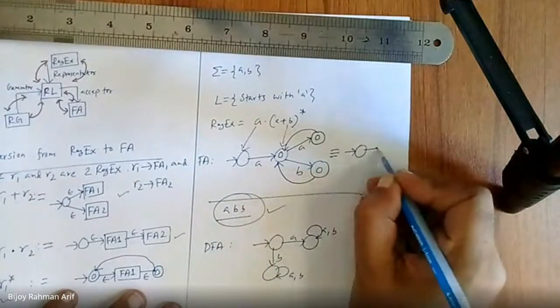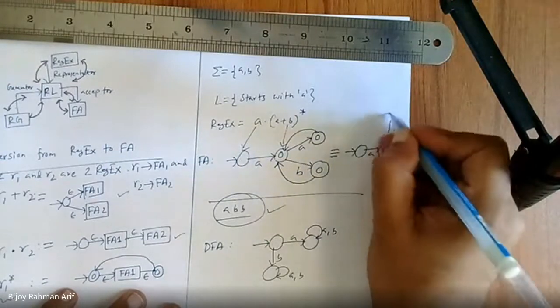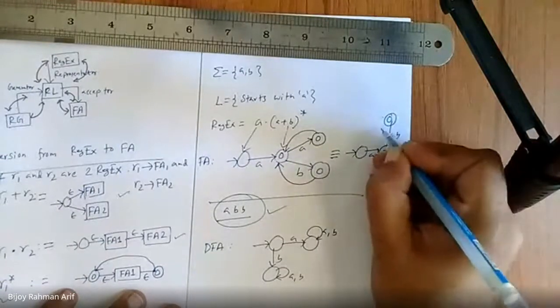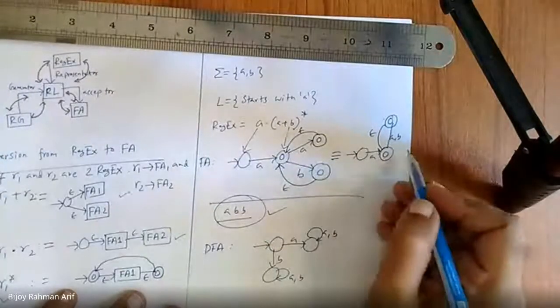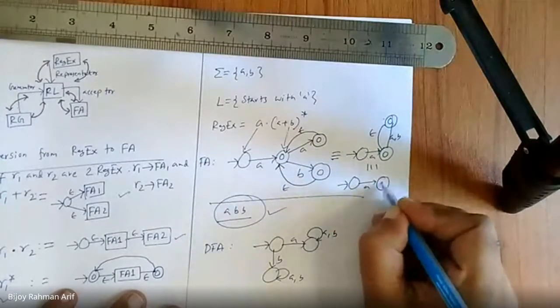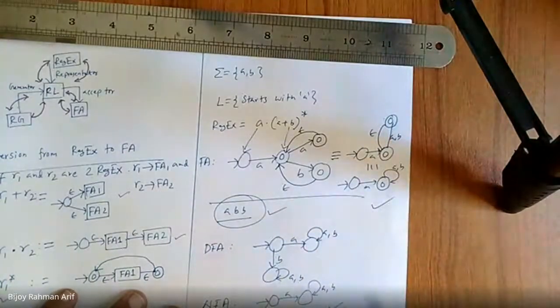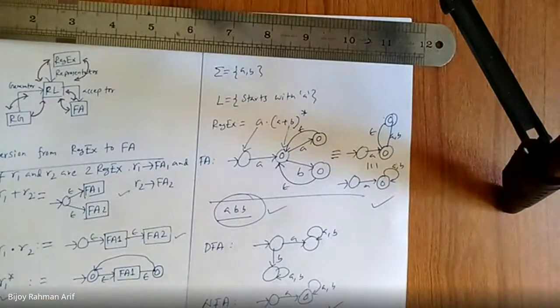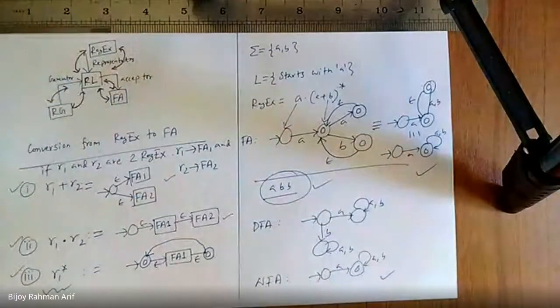So I can write A and star this. Then this can simplify more. How? This is nothing but this. So we get the NFA. The NFA for this is like this. So see, after simplification, the NFA matches. Simplification depends on your skill, not on the algorithm. Is it clear to you guys?